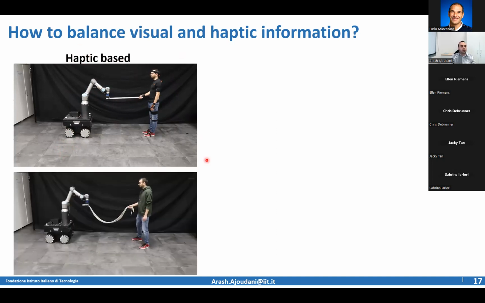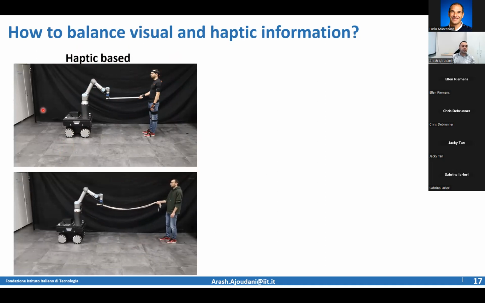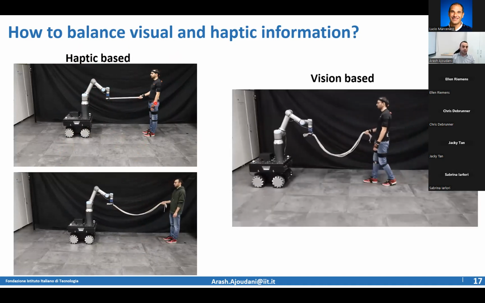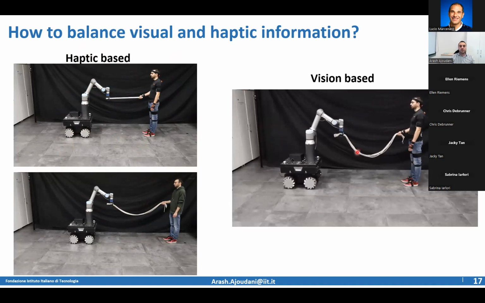But what happens if you use the same haptic-based teleoperation on a flexible object or a partially deformable object? Until you arrive at a point where you are able to create those forces, like here when you're pulling, the robot will not feel anything. And that's the point where you might want to balance the information that you're receiving from the forces and from, let's say, the twist and the vision.